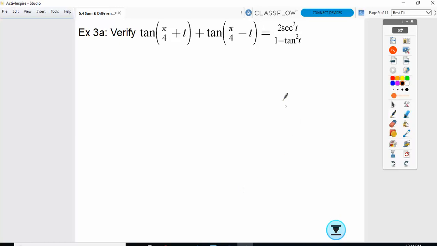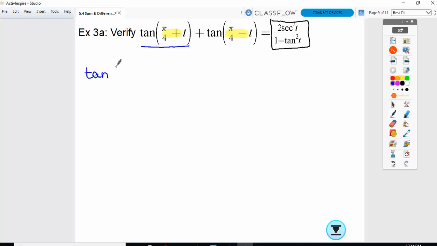So which side should we box in? Yeah. Anytime you have an angle with things added or subtracted, you want to work with that side because we have formulas to break those apart. So we have to do both of these. Tangent of pi over 4 plus t.